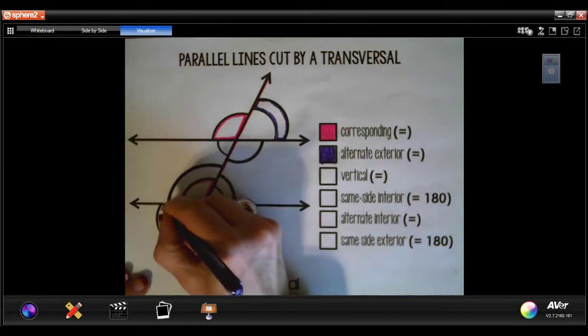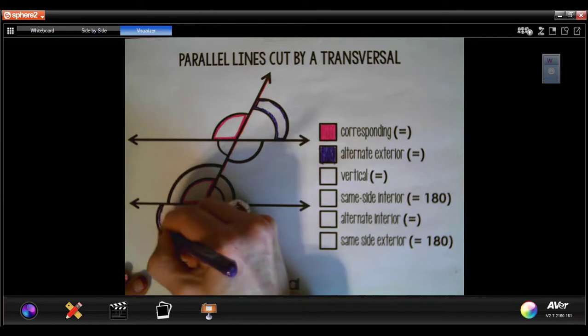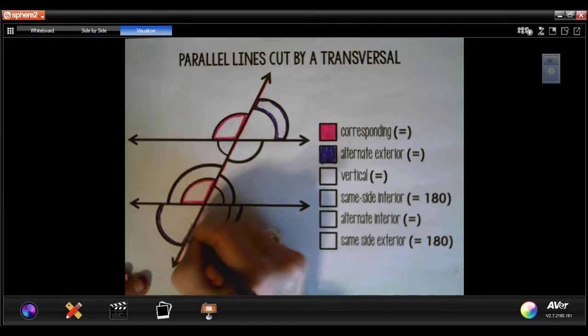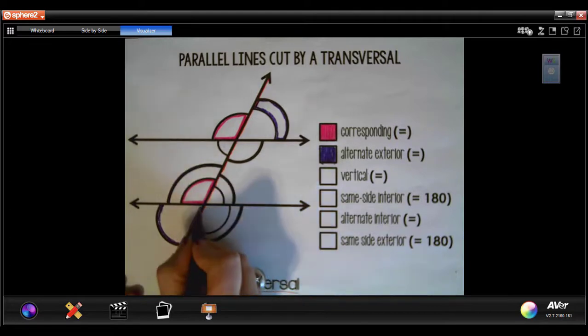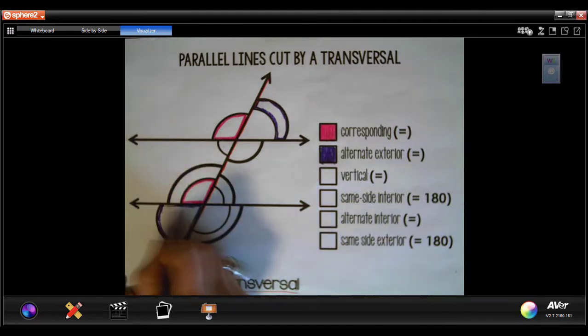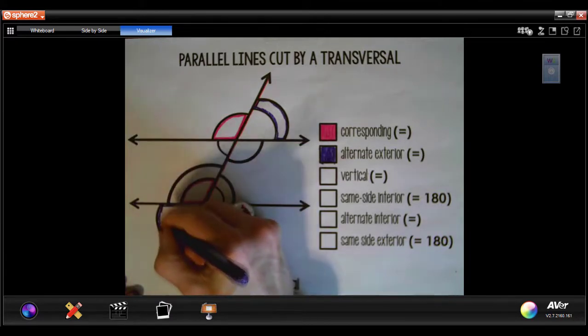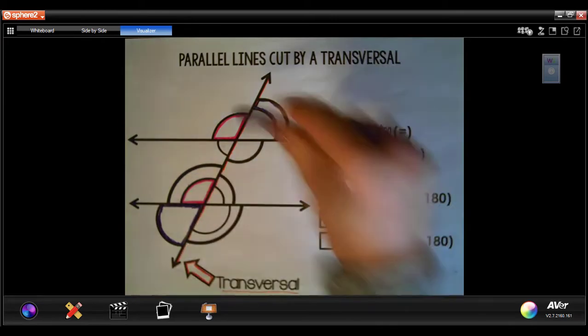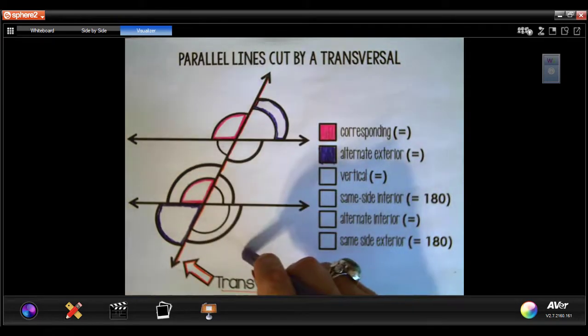So I am going to color this one purple. Now we only have one other set of alternate exterior angles. Okay, so sometimes we've got 4 of these and sometimes we just have 2 of them. Okay, so the other one would be here and here.